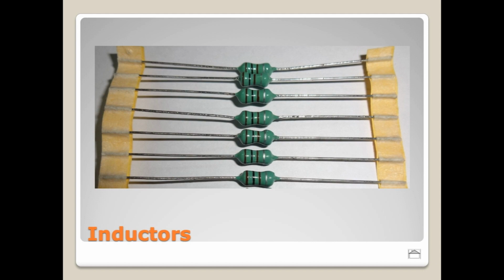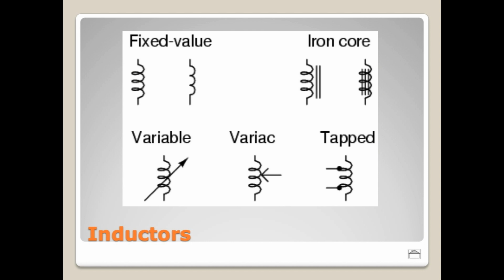Right? Now, schematic symbols. If we look at our schematic symbols here, you're going to notice a few similar themes. So for our fixed values here, we've got the two cores. Excuse me, we don't have any cores. We have the two coils. Notice the art is slightly different, right?